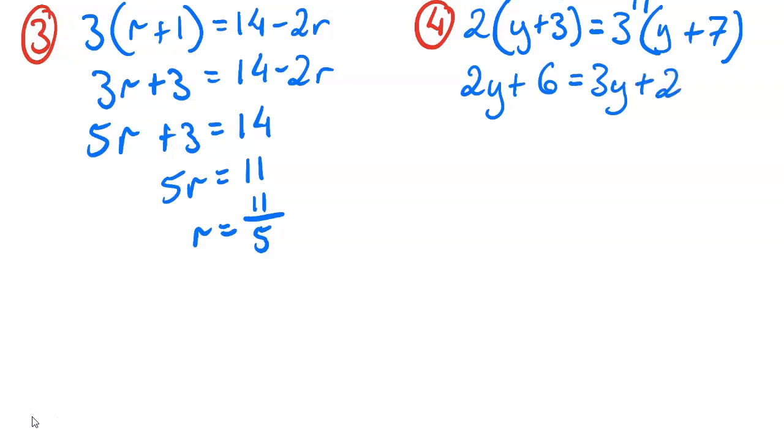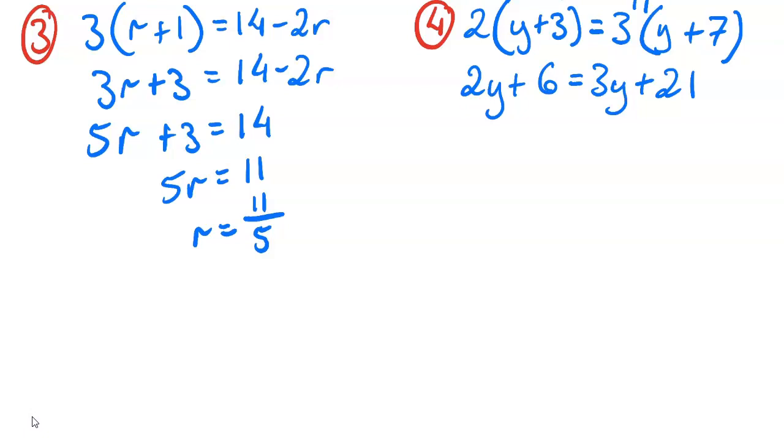3 times y is 3y, 3 times 7 is 21. Okay, so looking at this, I could minus 3y from both sides, or I could minus 2y from both sides. Now, I'm going to minus 2y from both sides because that will give me a positive number as opposed to a negative number.